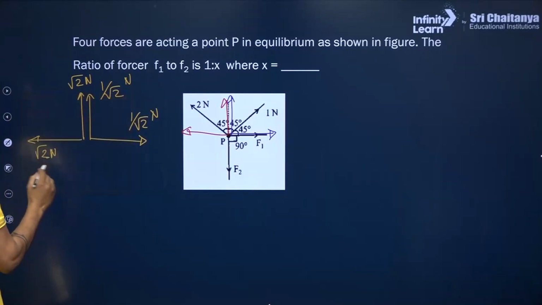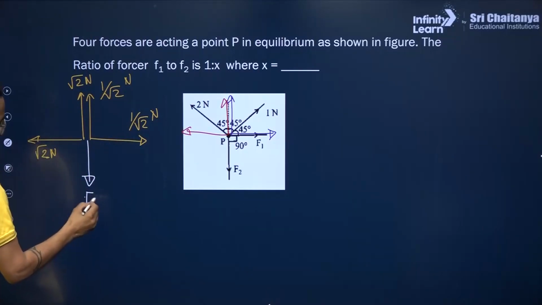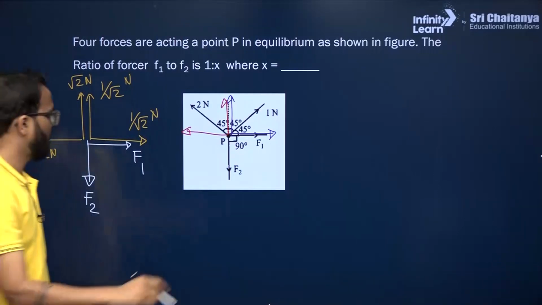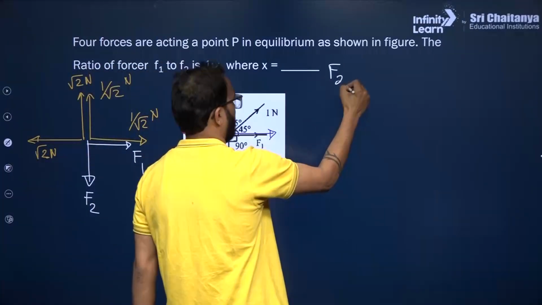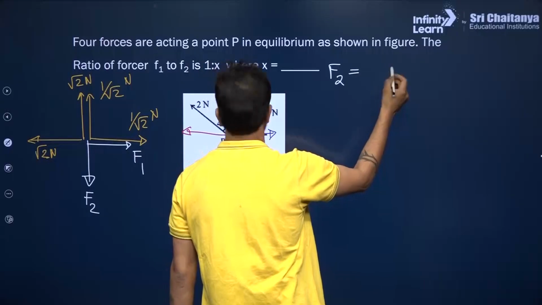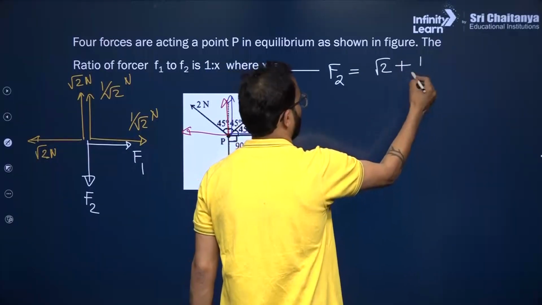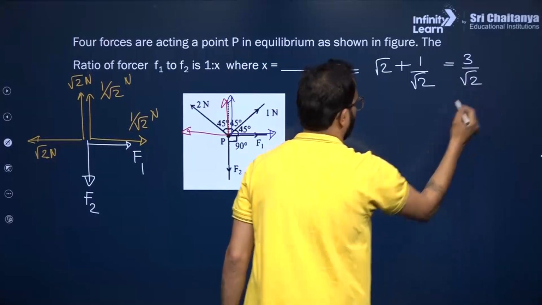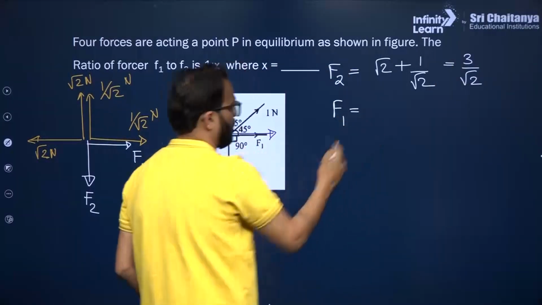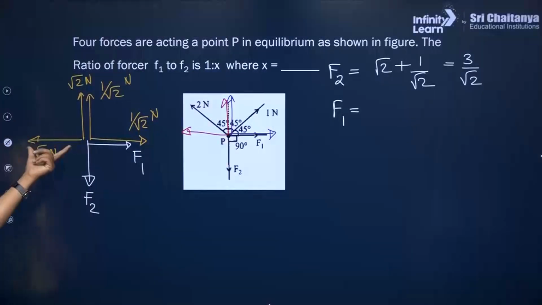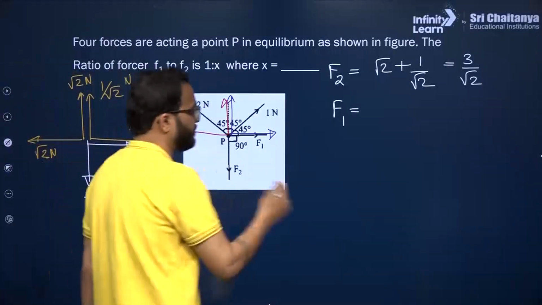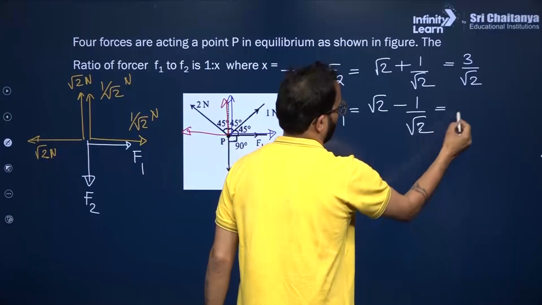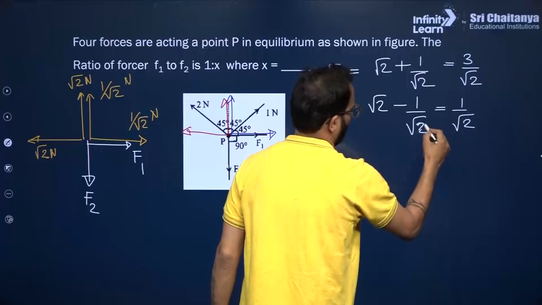Now already this is F2 acting here and this is F1 acting here. So if you solve for equilibrium, you will say F2 is root 2 plus 1 by root 2, that is 3 by root 2 Newton, and F1 is, if you see clearly, root 2 minus 1 by root 2, that is 1 by root 2.